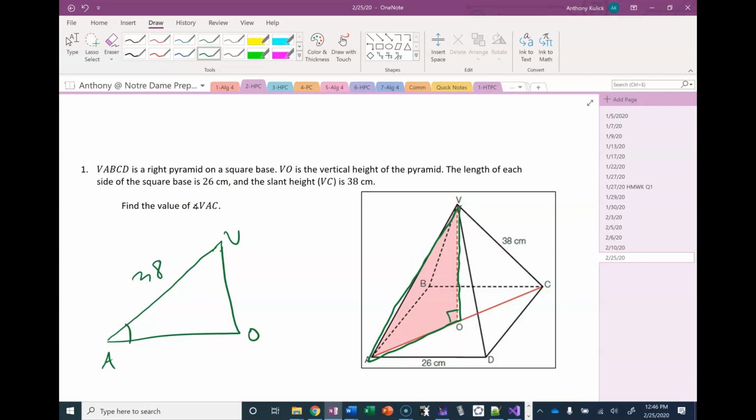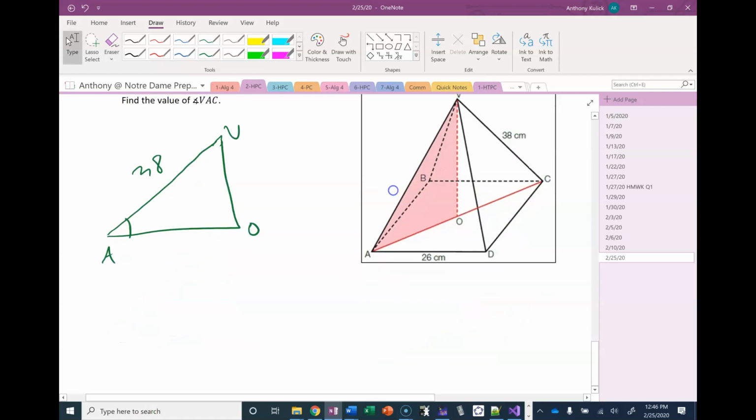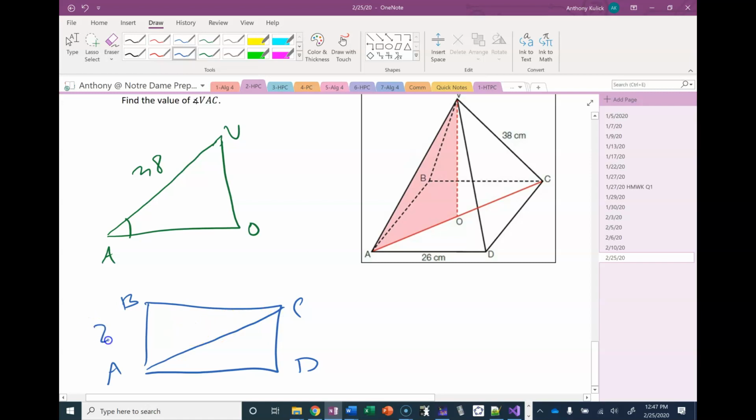And now what I'm going to do is calculate the length for AO. So if I look at the base here, I have this, right? That AO is half of AC. Okay with that? Yeah, did it say it was a square?